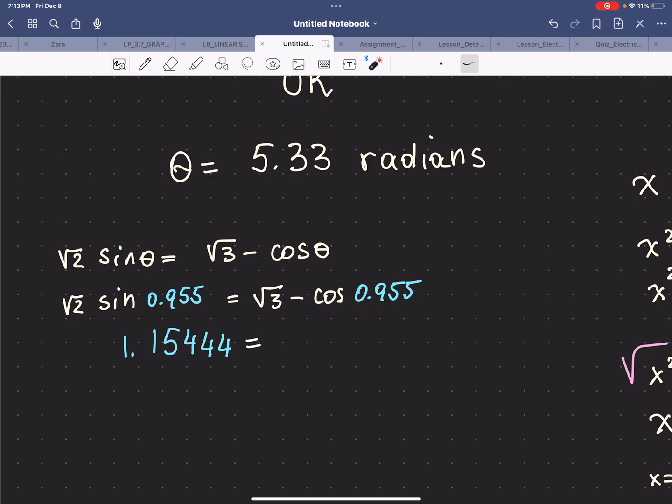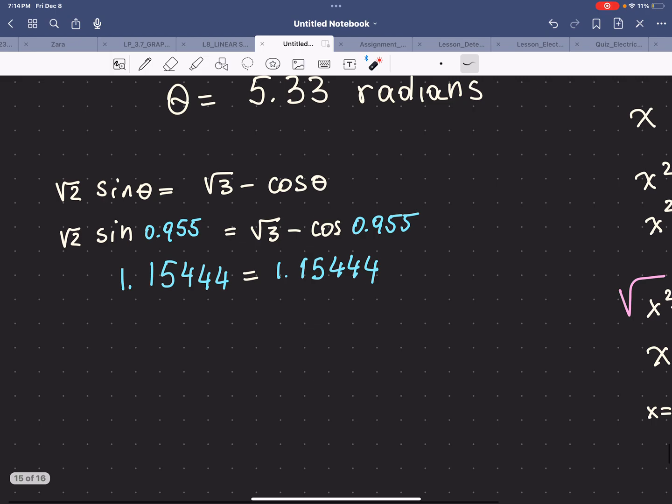Now, let's do the right side of it. So we have square root of 3 here, and from square root of 3, we are subtracting cosine of 0.955. And I get the same number, actually, 1.15444. So the left side equals the right side when the angle is 0.955 radians, which we're going to say is a pretty decent solution.